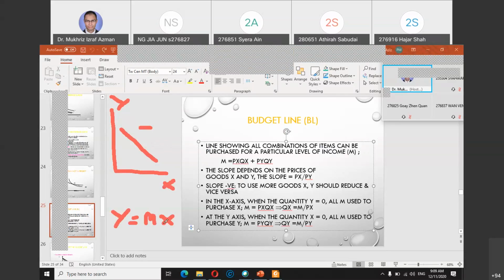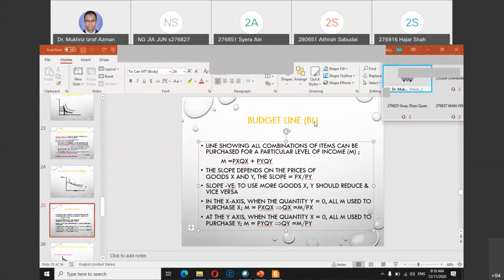This is a simple straight line equation. Y is a function of mx plus c, c is your constant, m is your slope. So the value of the slope for a downward sloping line like this will always be negative. But if your line is upward sloping, then your m will be positive. So this is just simple mathematics, nothing to do with economics per se.